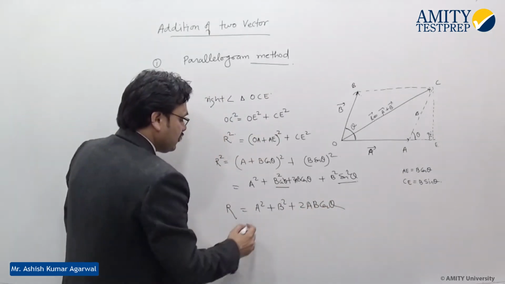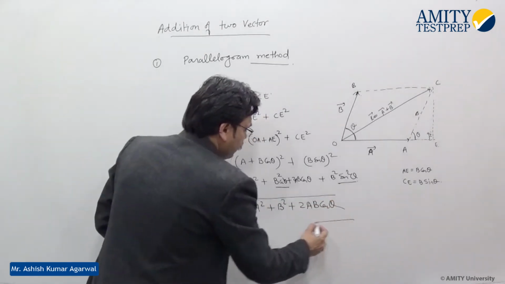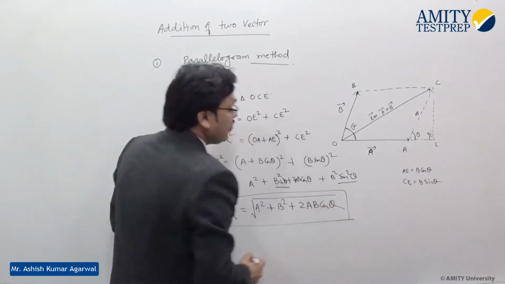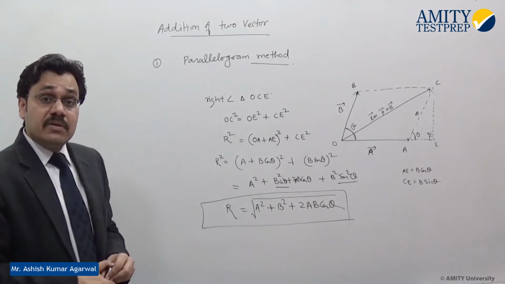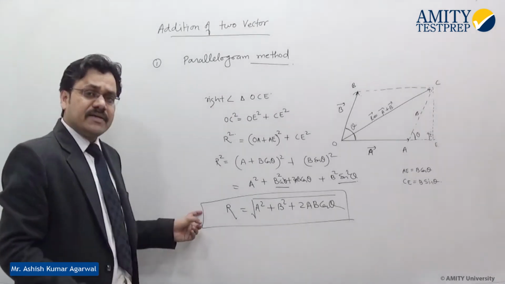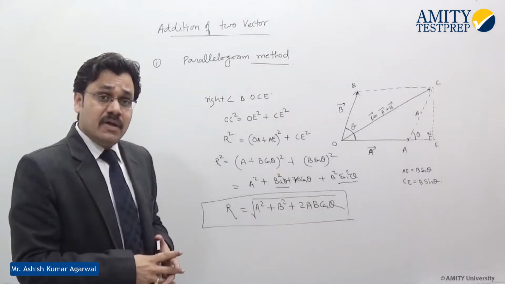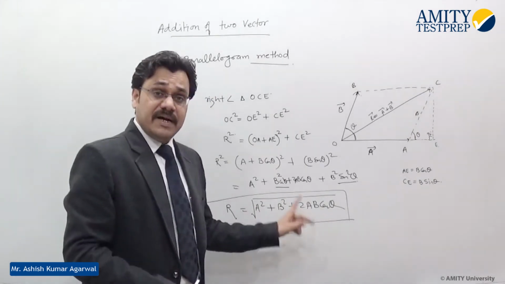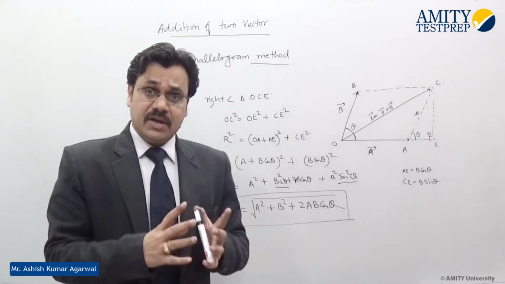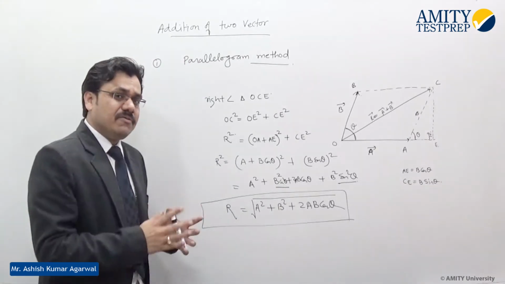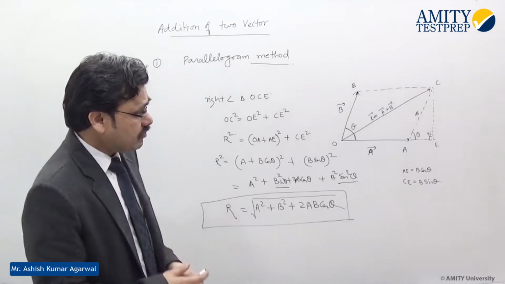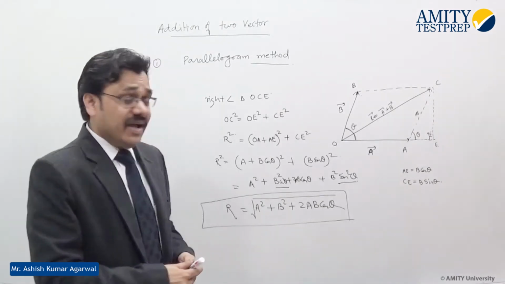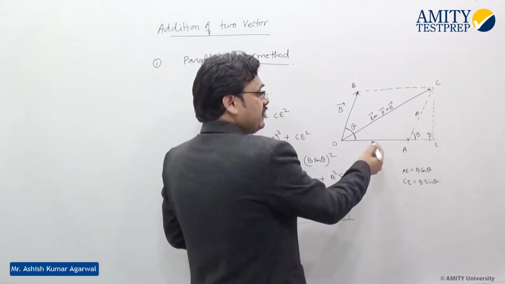So if I want to find the magnitude of the resultant, this is the relation. The resultant of two vectors is given by the square root of magnitude of A square plus magnitude of B square plus 2 times magnitude of A and magnitude of B into cos theta, where theta is the angle between the two vectors. Now, what should be the angle of the resultant with the A vector?